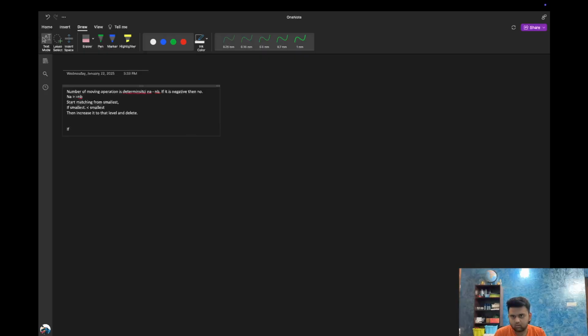If num smallest is even, and the smallest here minus there is even, then divide and move on. If odd, then increase by 1 and continue checking.